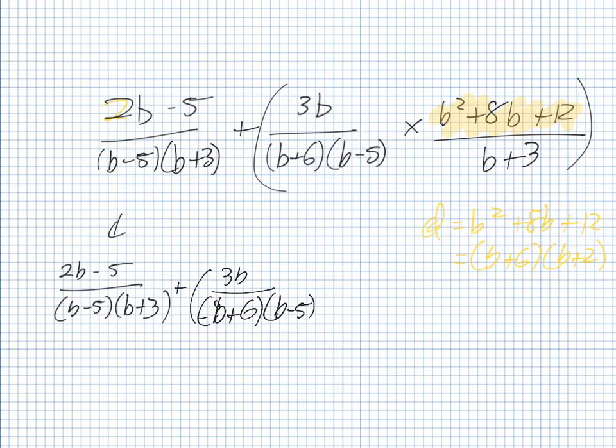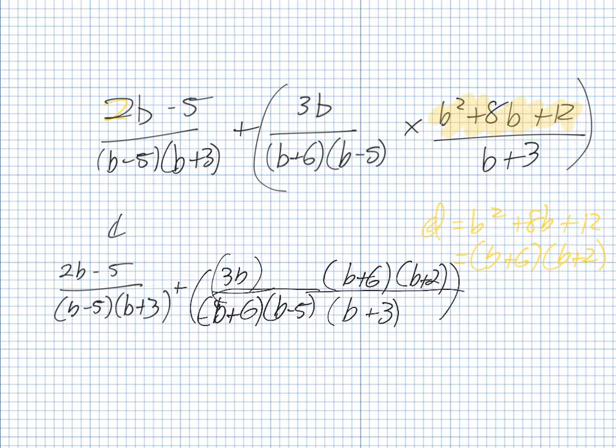Because it's associative property, it's multiplication, we're just going to make this one big fraction, okay? So on top, we're going to multiply our b plus 6 and b plus 2. And on the bottom, we've already written that part, we have b plus 3, okay? This is all one big fraction.